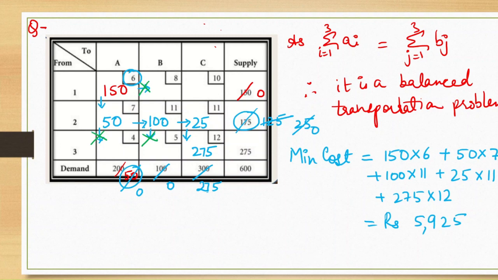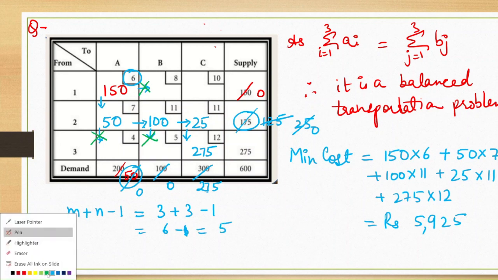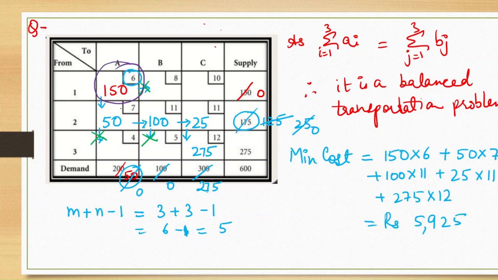Now, one more thing that I explained in the last lecture was the basic feasible solution, for which we have to calculate m plus n minus 1. So is it equal to m plus n minus 1 or not? Let us check. M is 3, n is 3, so 6 minus 1, which is equal to 5. Now what is this 5? These are the positive allocations: 1, 2, 3, 4 and 5.